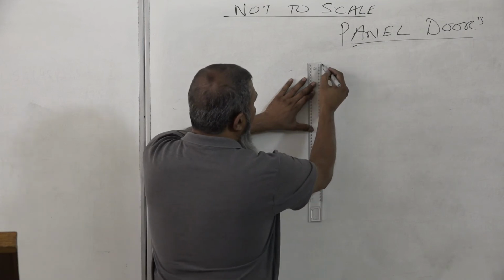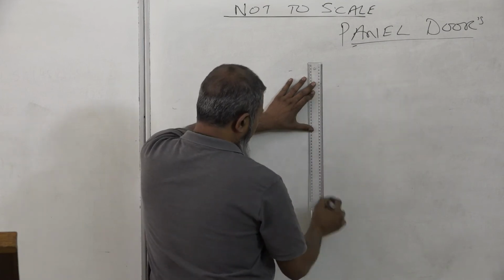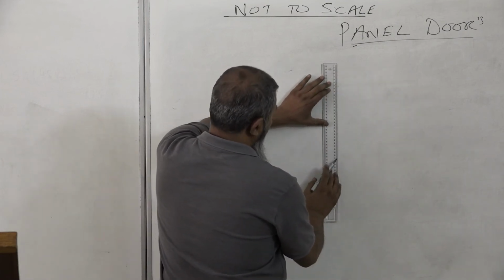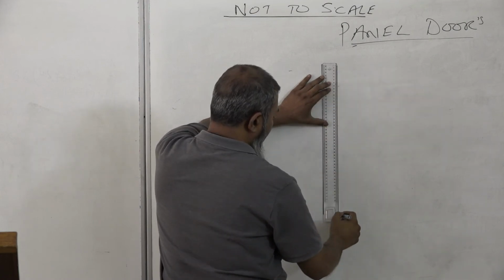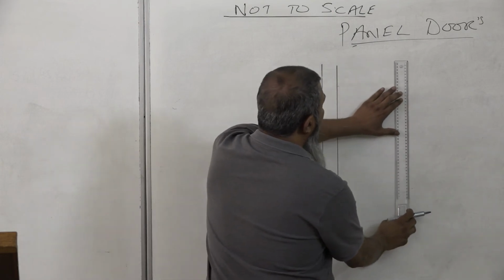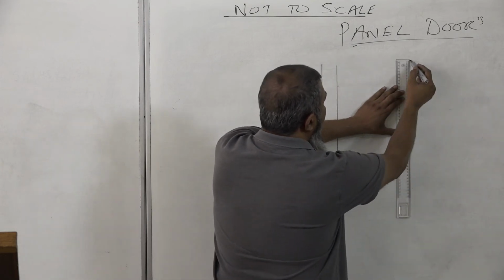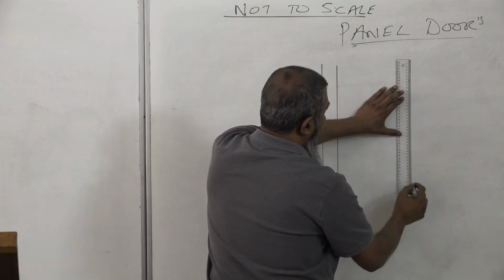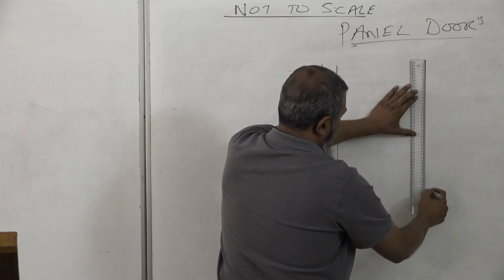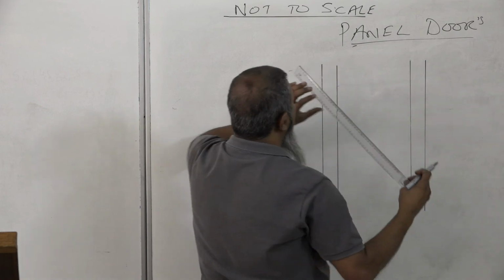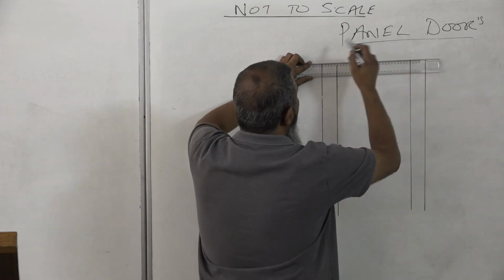We draw our stile, which comes on the side. Exactly the same that we did for the first door, we do for the second door. Wooden doors, panel doors are the same principle. So we have our stiles.